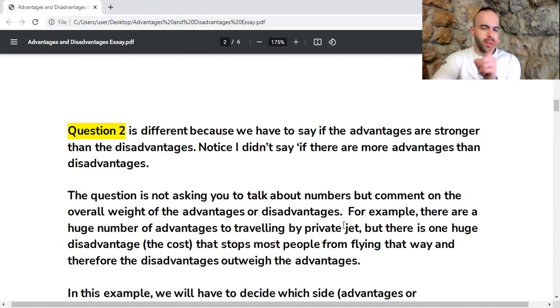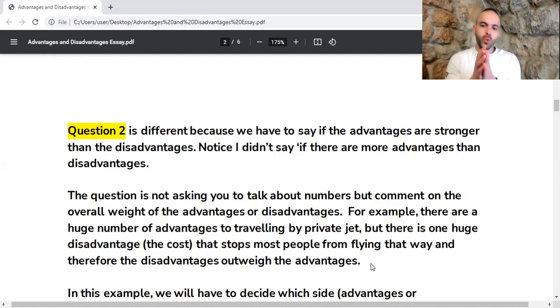What does it mean? Let's jump into an example. For example, there are a huge number of advantages to traveling by private jet, but there is one huge disadvantage, which is the cost that stops most people from flying that way, and therefore the disadvantages outweigh the advantages.